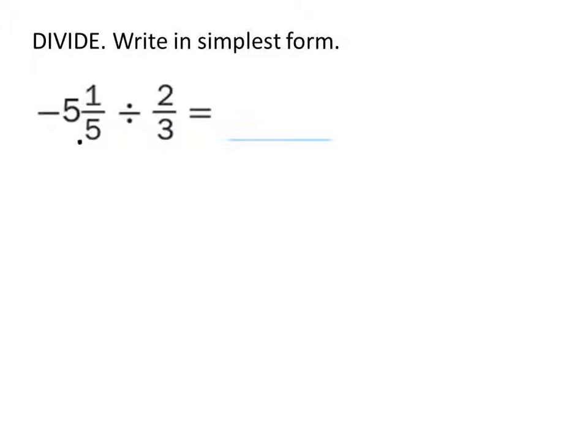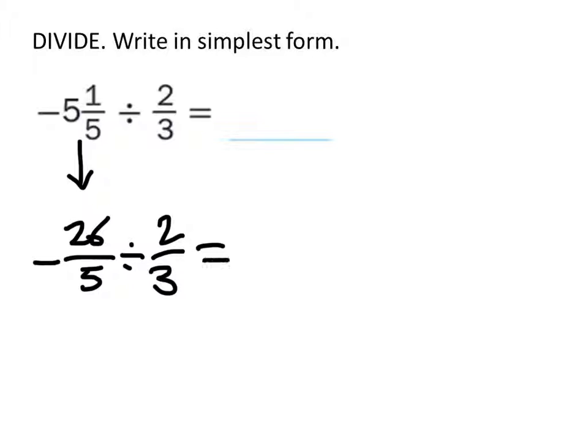All right, let's turn this one into an improper fraction. Negative 26 fifths, divided by 2/3. But I can't divide fractions, so I've got negative 26 over 5 times 3 over 2.